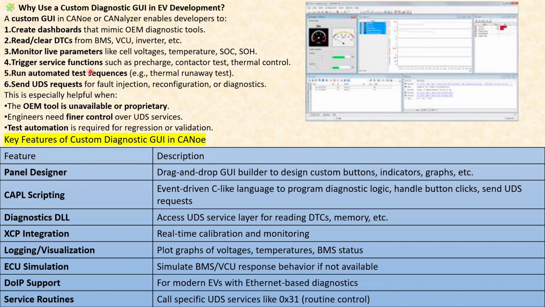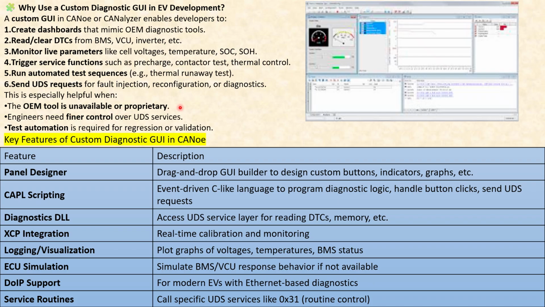Next, it triggers service functions such as pre-charge contactor test and thermal control, runs automated sequences like thermal runaway test, and it also sends UDS requests for fault injection and reconfiguration or diagnostics. This is especially helpful when the OEM tool is unavailable or proprietary.